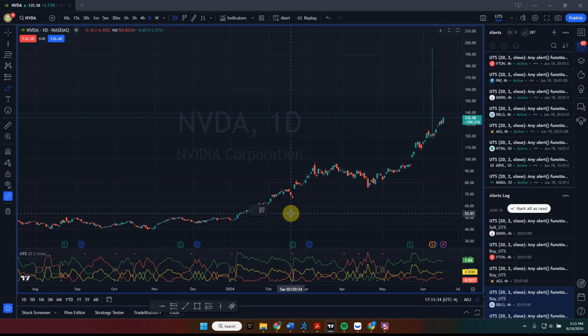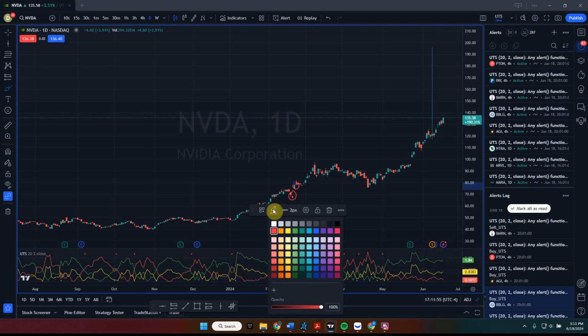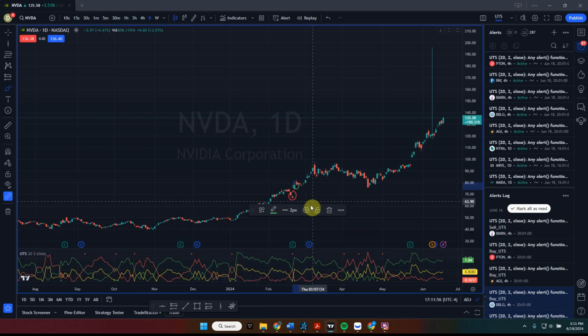For instance, this area was a pullback, and we see it also on this candle. Then when it came back up, this was for a long. Then another pullback around here. Then this came up for long.